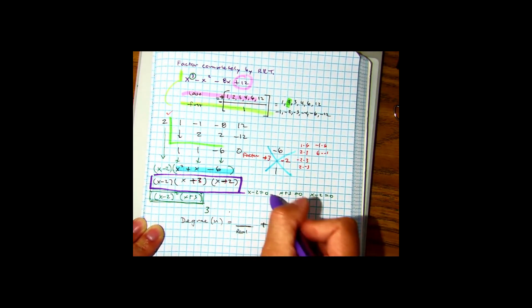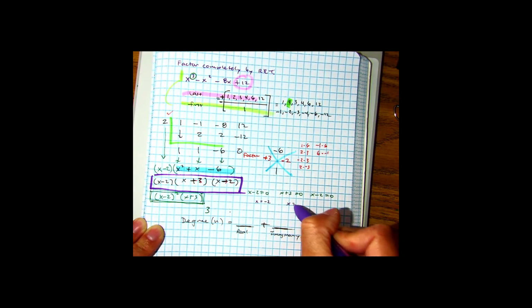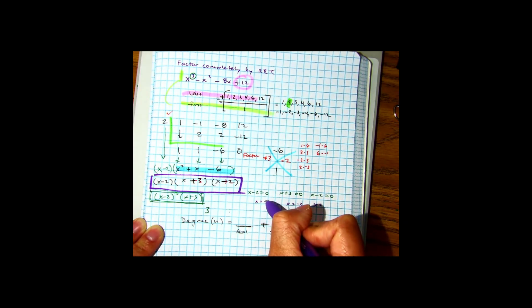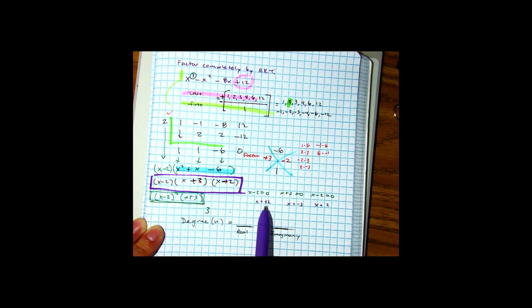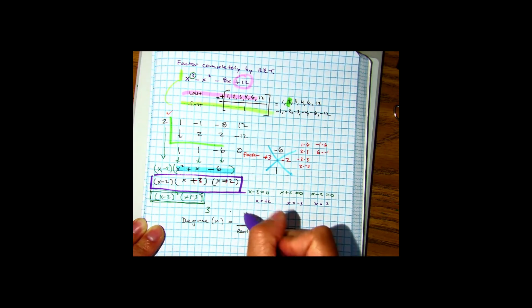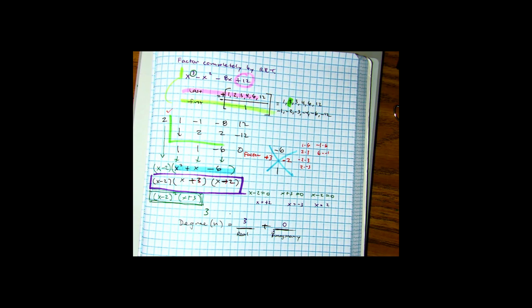And if you solve for x, x is equal to what? 2, negative 3, and 2. Okay, so count with me. Ready, set, go. 1, 2, 3. Do you have any imaginaries or i's in there? No. So in this problem we have 3 reals and 0 imaginaries.